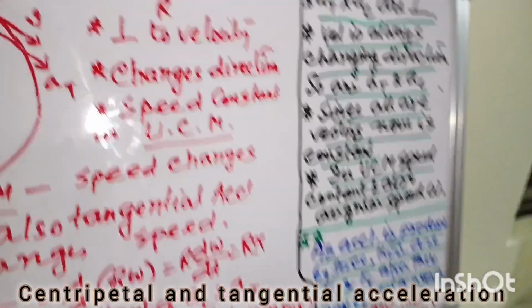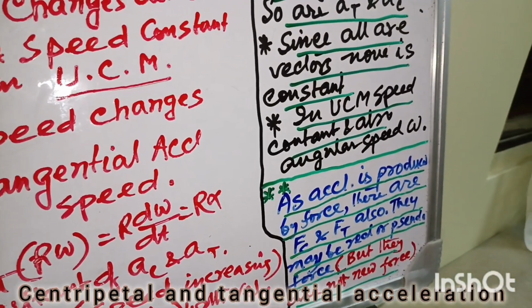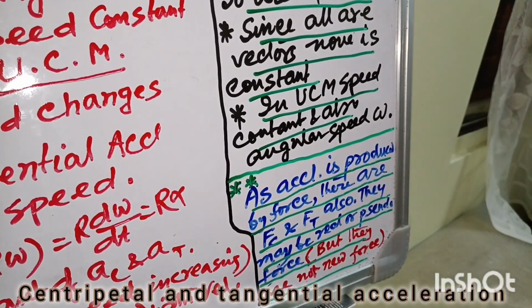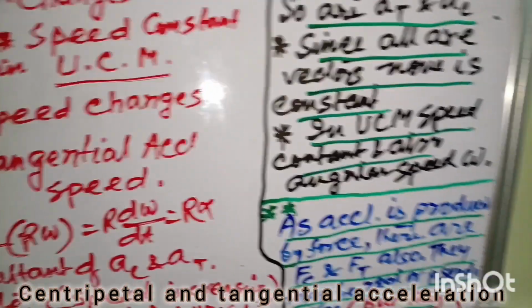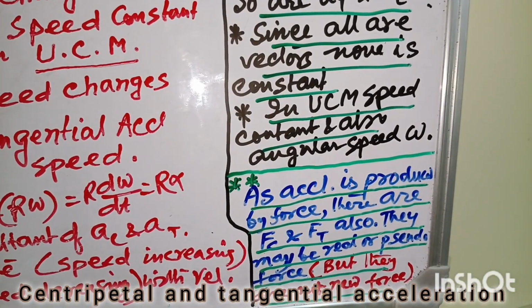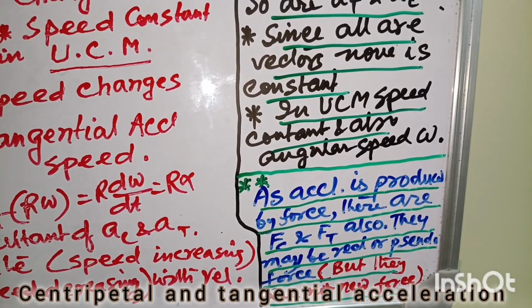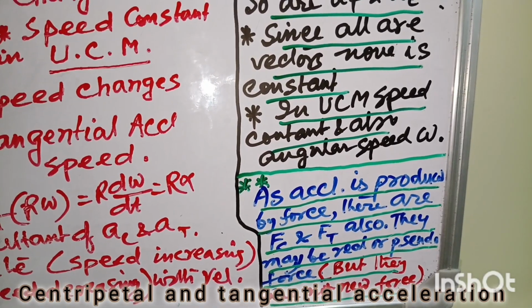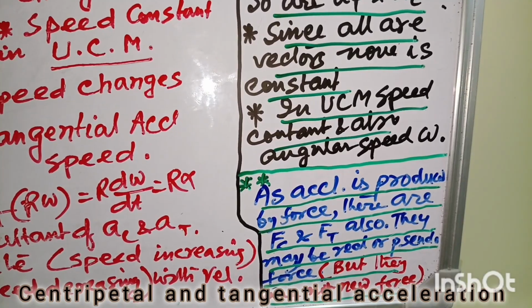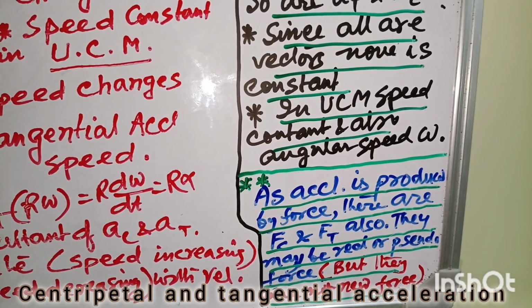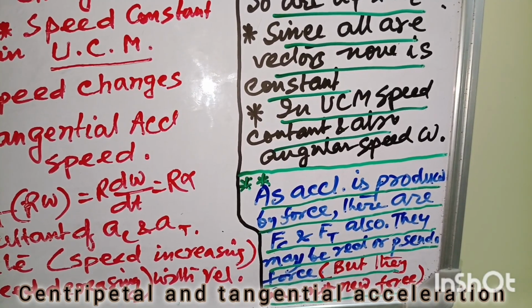And there are further important points that we know by Newton's law, that acceleration is always produced by a force. That means if there are either AC or AT, they must be produced by some force, which are called centripetal and tangential forces.